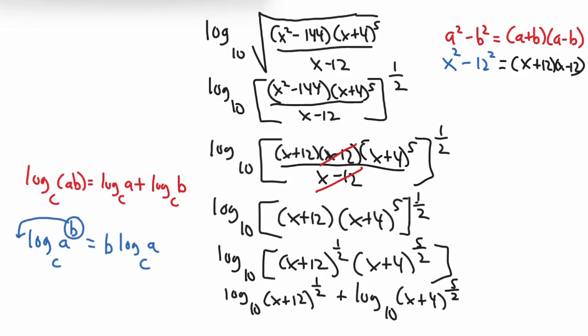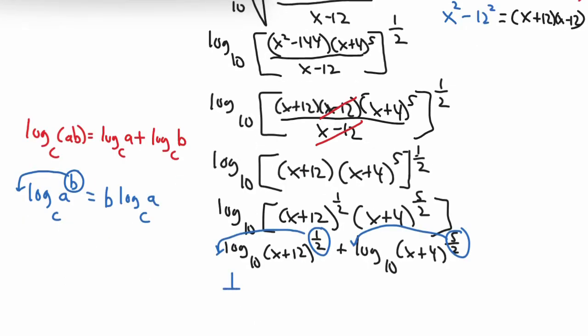Bring that exponent out in front of the log. So we can bring the 1/2 in front of that log and the 5/2 in front of this log. So then we have 1/2 log base 10 of x plus 12 plus 5/2 log base 10 of x plus 4.